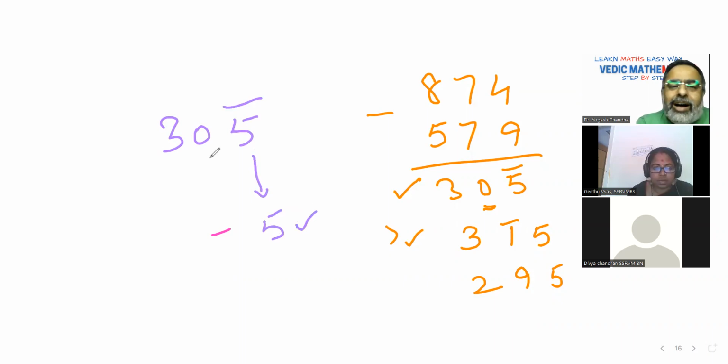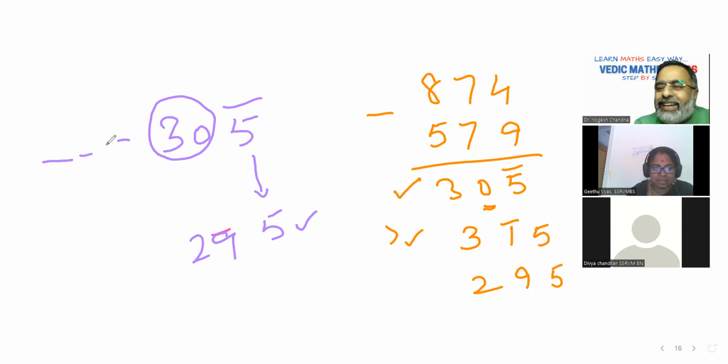Now, instead of taking this as 0, take this as a complete number. So 30 minus 1, 29. Even if you have some digits here, not to worry. Take this together. So in one step you can do it. This is some tips which you'll understand when you practice.